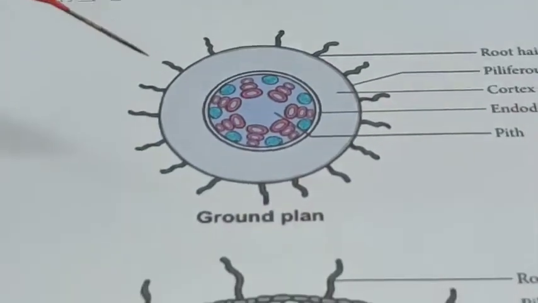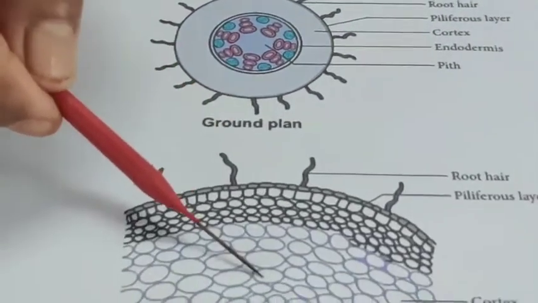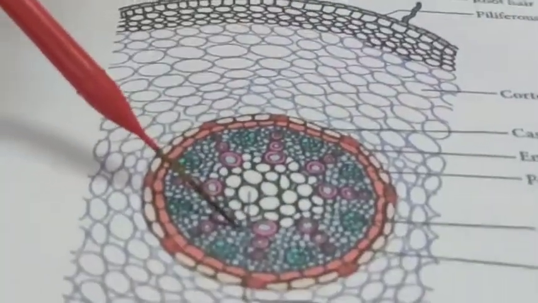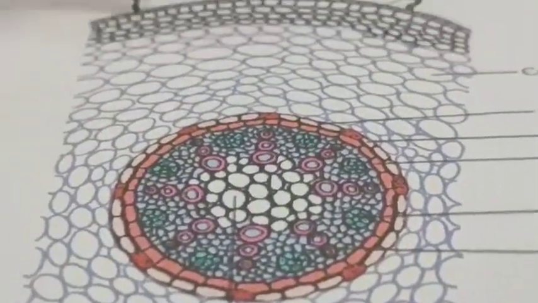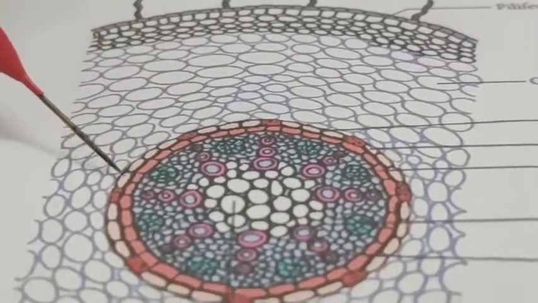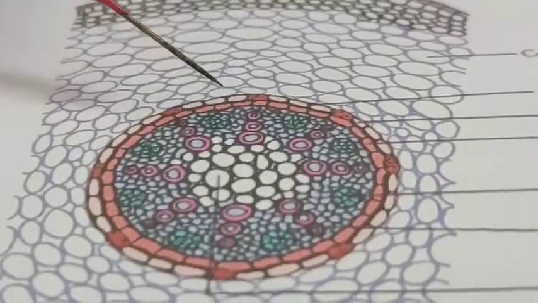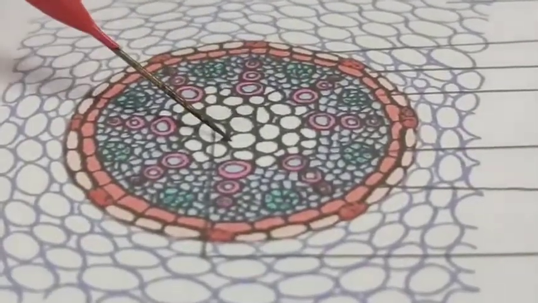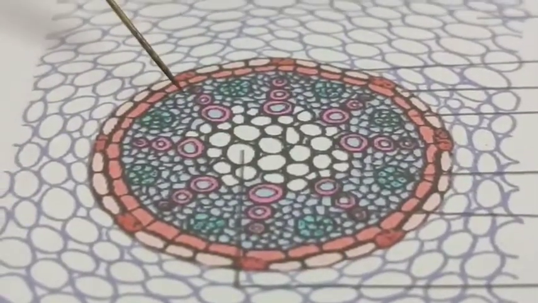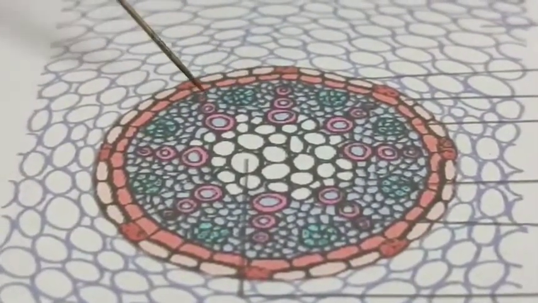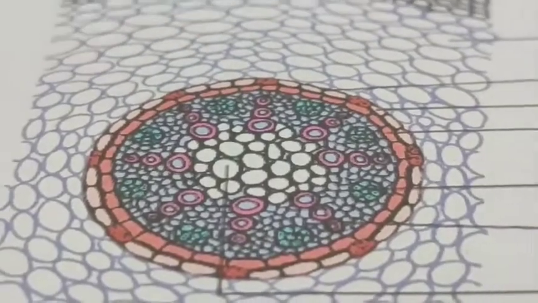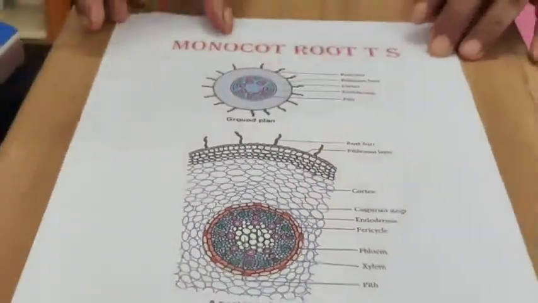So when you are taking the cross section, you can see the epidermis, cortex, endodermis, then the stele. Epidermis is single layer, cortex many layered, innermost layer of the cortex is the endodermis. The entire tissue inside the endodermis is called the stele, which consists of radial xylem, which is polyarch, with pith. Pith, otherwise it is called medulla.